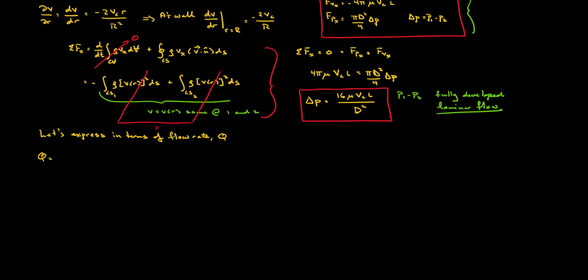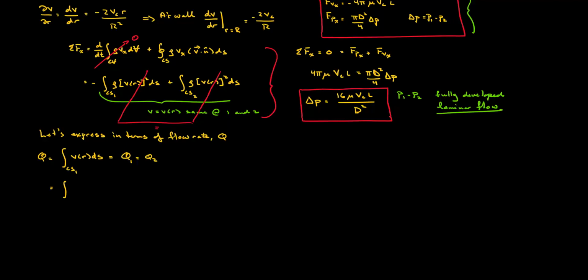Now we have a velocity profile, so we need to carry out the integration: the integral of the velocity profile multiplied by the differential area dS. And we know that for an incompressible and steady flow, Q1 is equal to Q2, so the flow rate in is equal to the flow rate out.